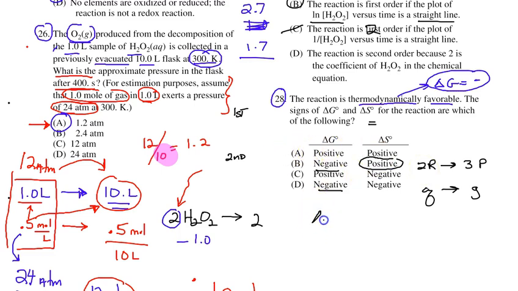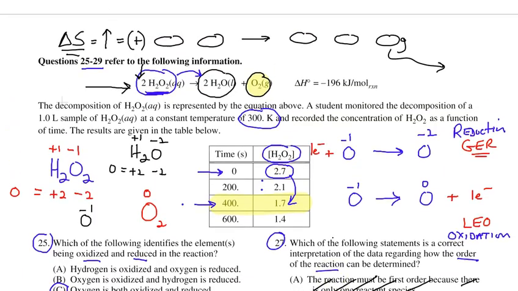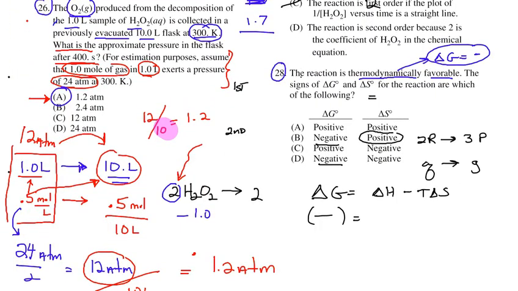Now, delta G, let's just do this for fun, is equal to delta H minus T delta S. If this is negative, and we know in the reaction that the delta H given to us is negative, then I know it's exothermic, energy is given off, and this is minus T, which is a positive value, and my delta S, we said, is positive.